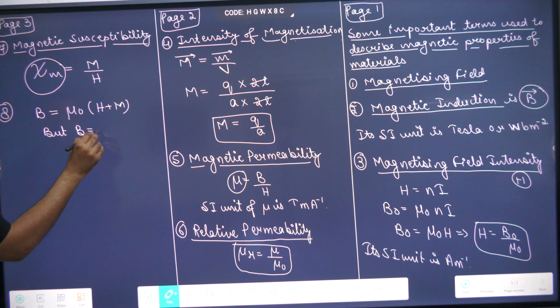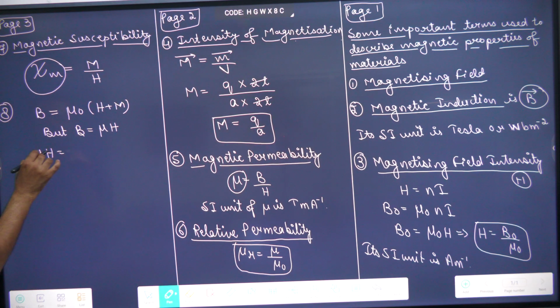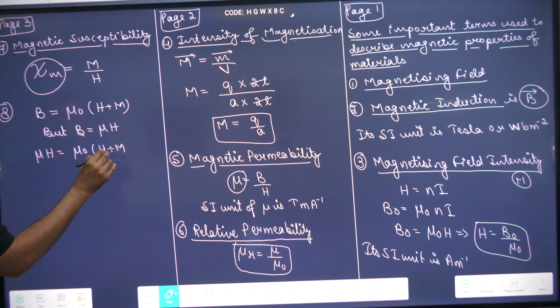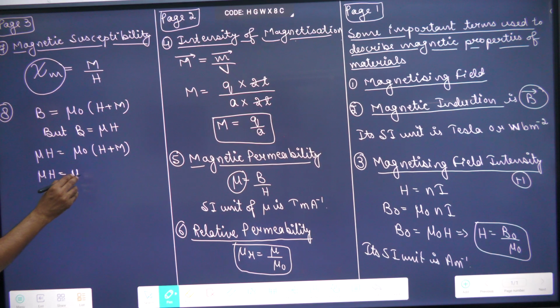Now B is equal to mu into H. If we write mu H in place of B, then mu H is equal to mu naught into H plus M. If we take H common, it becomes 1 plus M upon H, and H gets cancelled.